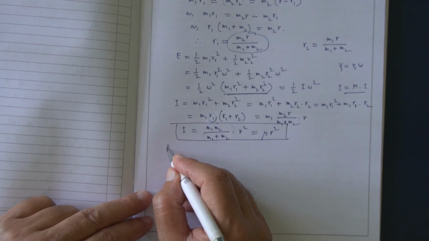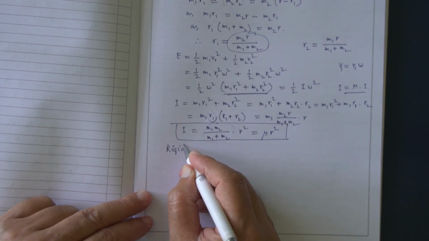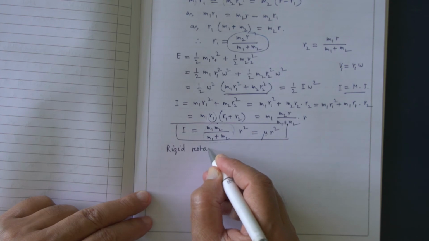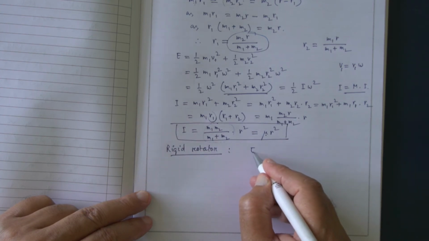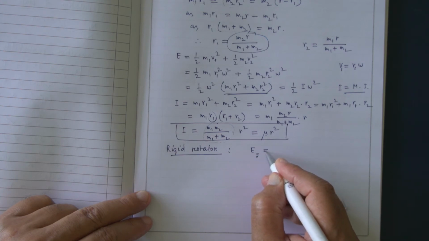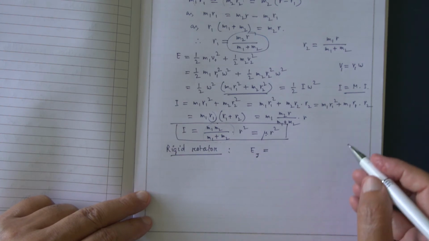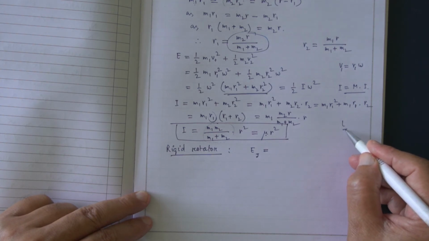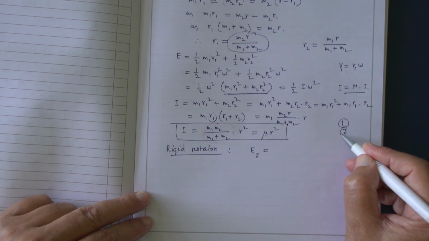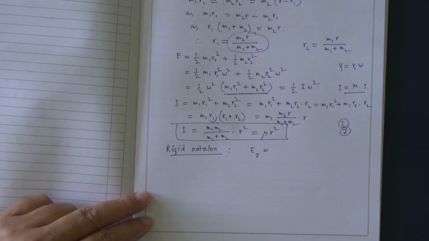Now for a rigid rotator, what is the energy? Earlier we wrote quantum number L, now we will write quantum number J in place of L. Just the symbol is different, nothing else.